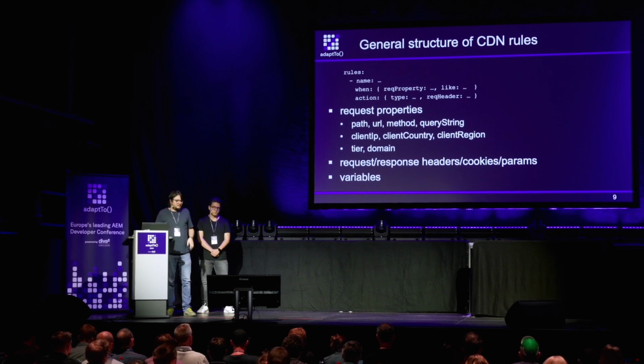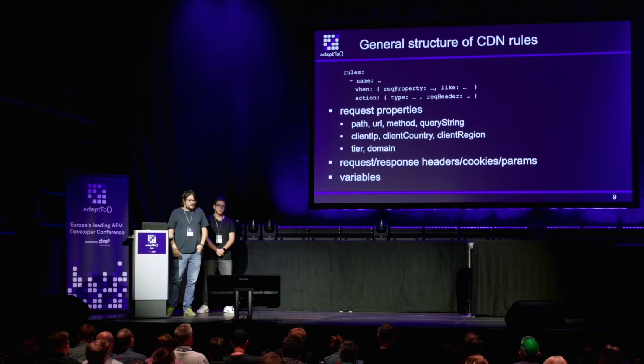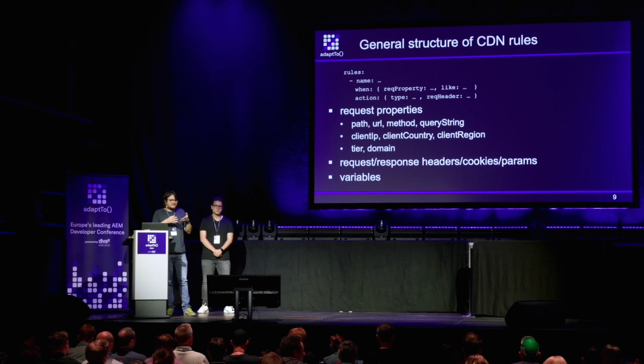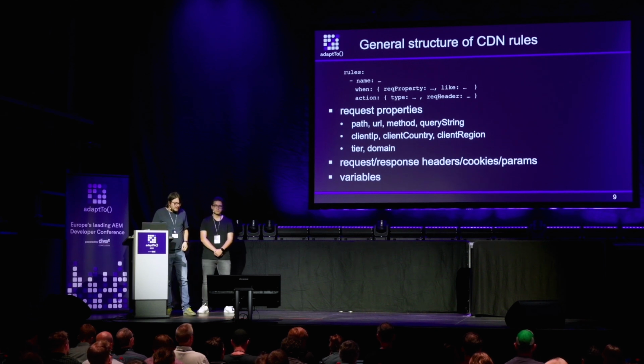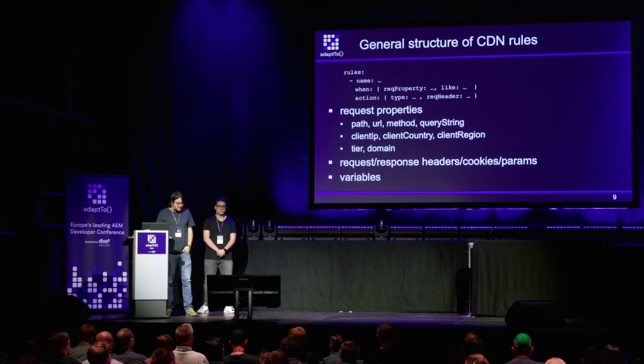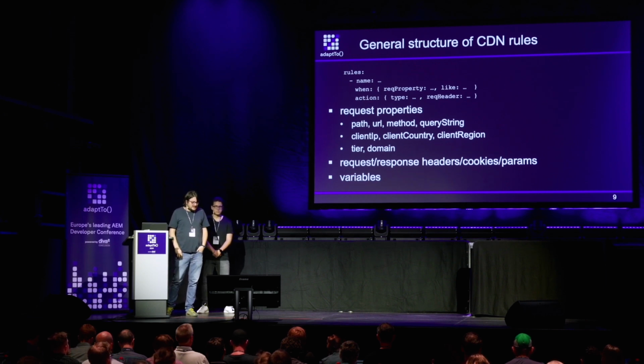So the IP of the connecting client, and also we have some geolocation properties, client country, client region. So these are useful, especially for WAF use cases, and Quentin will talk more about this.